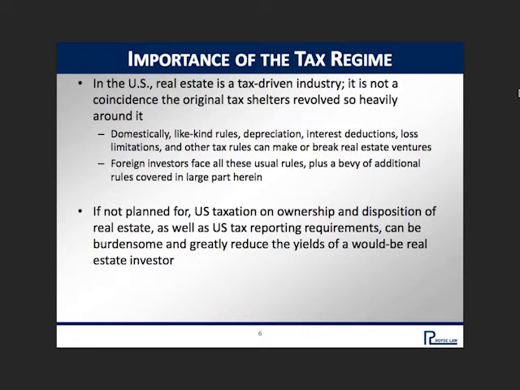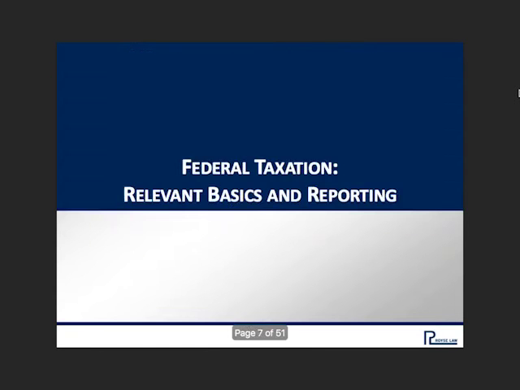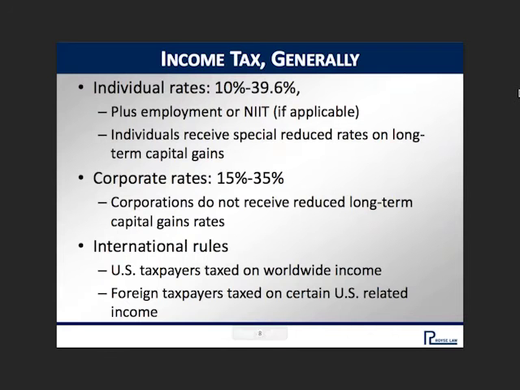Now let's go to slide 8. This is some background on U.S. income tax generally. The individual rates, all federal tax rates, range between 10 and 39.6%, plus there's also the self-employment tax or net investment income tax, the NIT tax, which may apply.